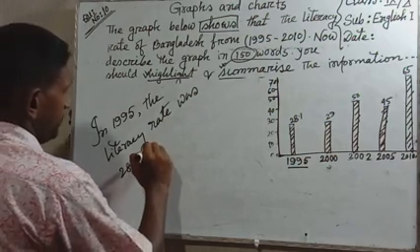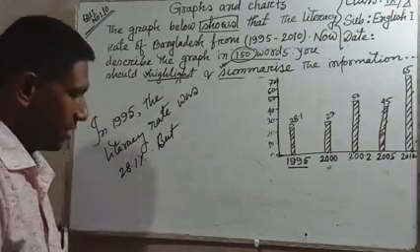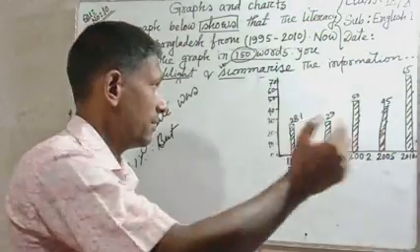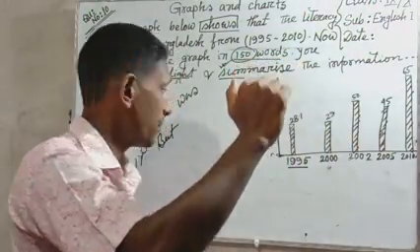But in 2000 it increased, because 28, 29, so increase.